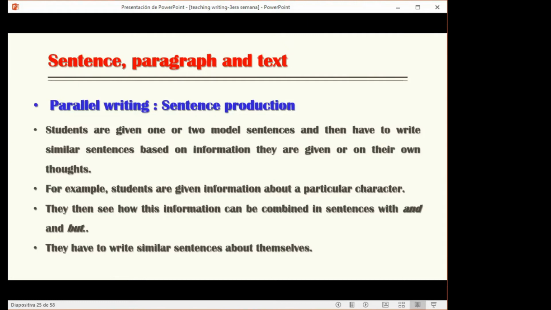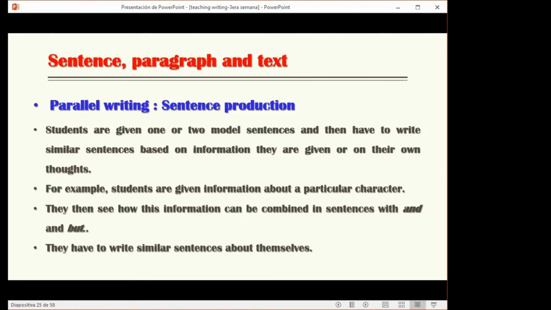You give them model sentences about some information or maybe their own thoughts, their own ideas. And they need to combine this information to make sentences using some conjunctions. Not specifically and or but, you could use any other conjunction.